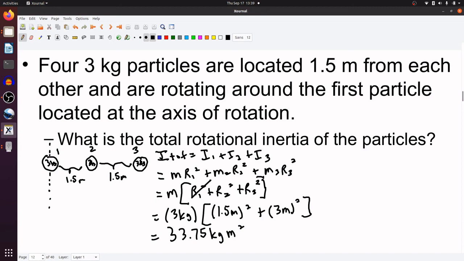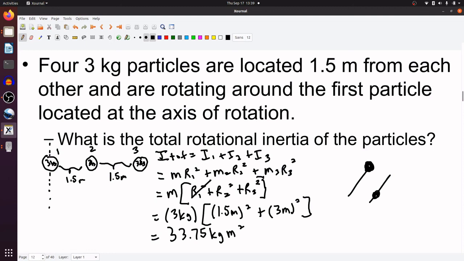So the more particles that you have, the more rotational inertia you have. But notice it's also based off of the square of the distance. So if something were to rotate and all the weight is put towards the far end from the axis of rotation, something similar to this, it'll be a lot harder to rotate it than if it were, I don't know, just like this.